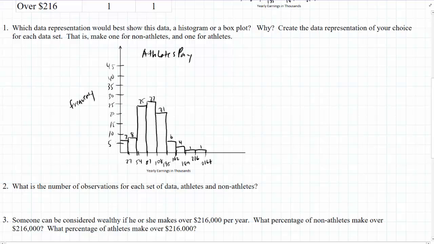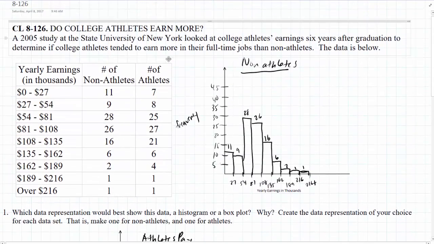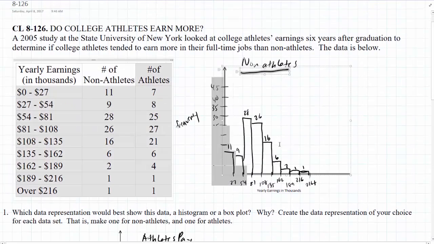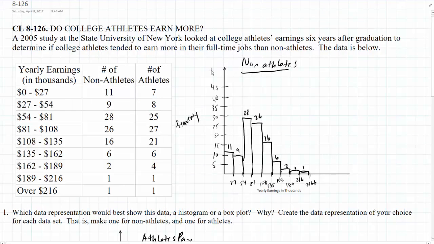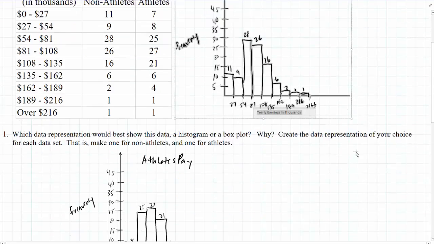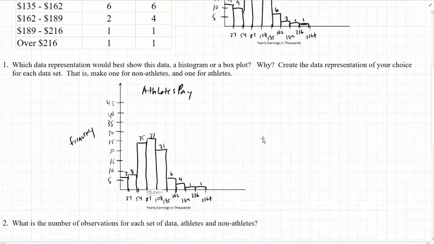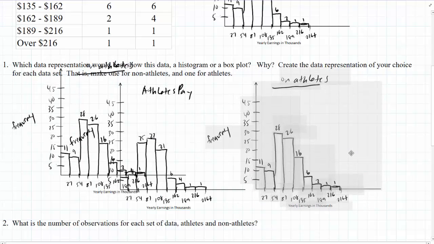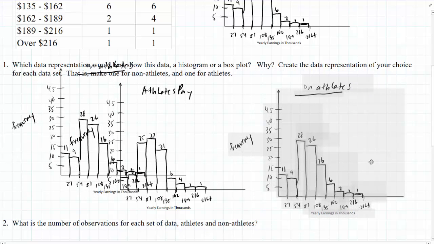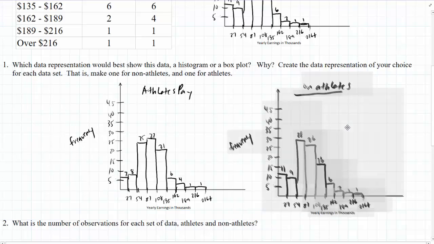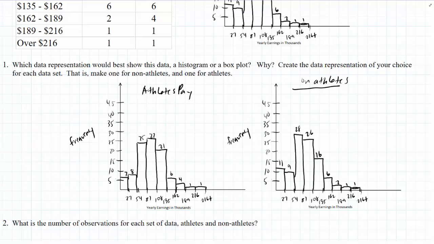I'm going to copy the top frequency histogram over so we can easily compare the two. So we have the athletes and the non-athletes. The non-athletes are on the right side, the athletes are on the left side.